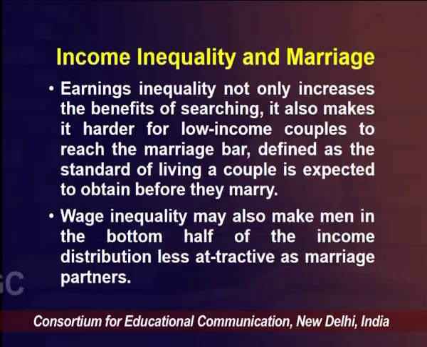So, earning inequality not only increases the benefit of searching, it also makes it harder for low income couples to reach the marriage bar, defined as the standard of living a couple is expected to obtain before they marry.